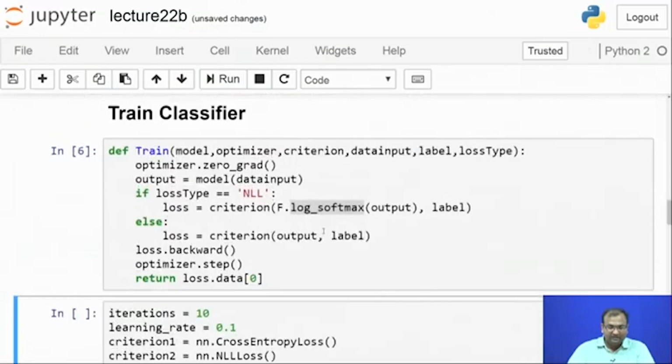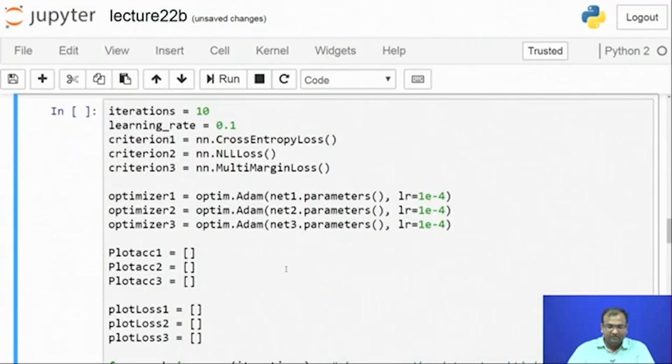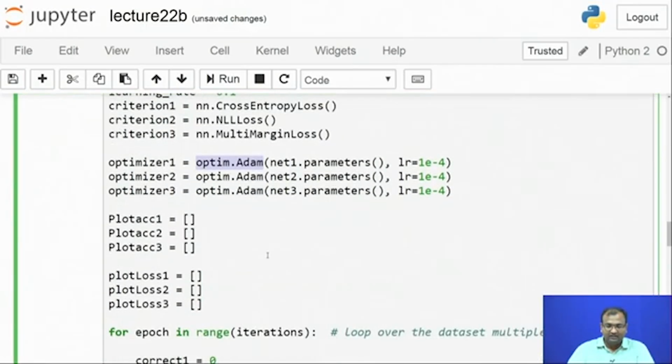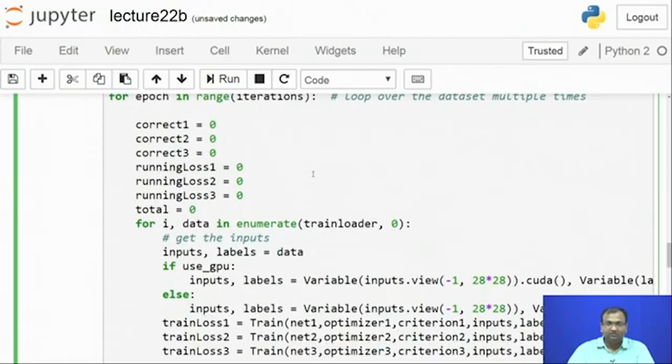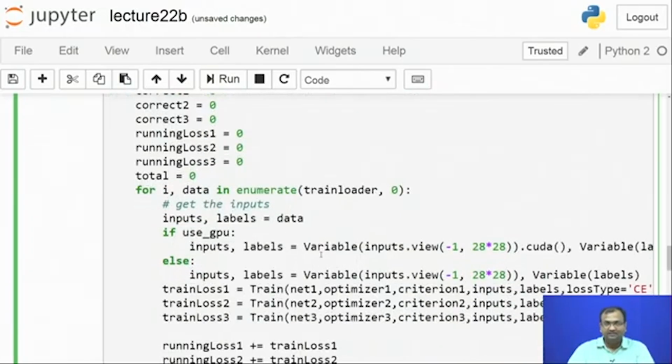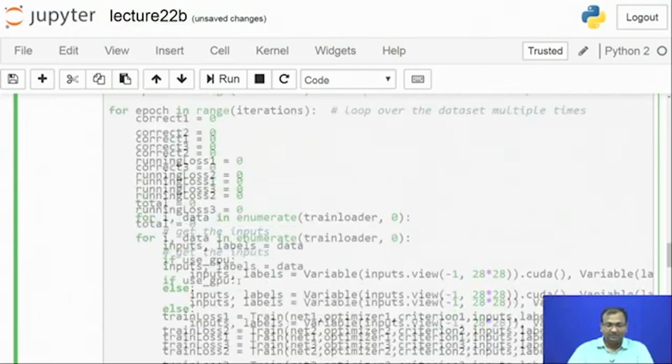Once that is done, next is to start with your training. For our purpose, we are just going to stick to using an Adam optimizer with a learning rate of 10 to the power of minus 4, and then all of these things get defined and we start our learning. By the same argument as in the regression case, since I am going to use 3 different cost functions, for each of them I will have a different network which is trained.